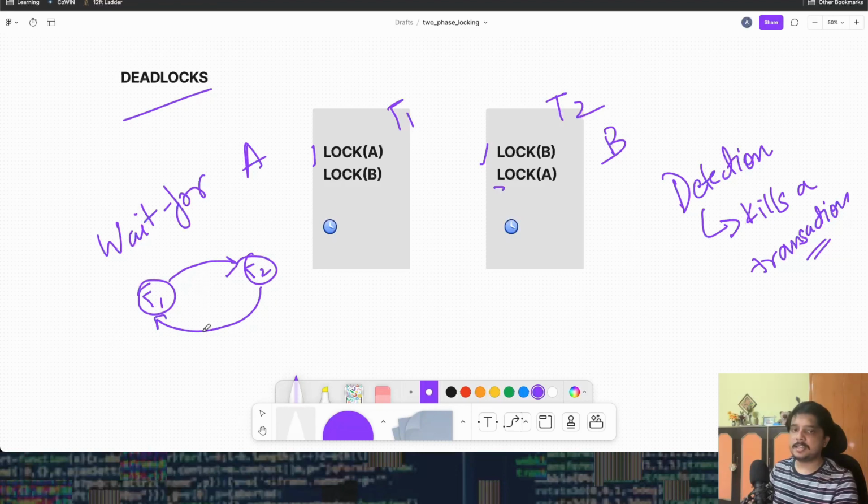So we can create a graph of which transaction is waiting on which transaction, and if there is a cycle in this graph, like a cycle like this, we have a deadlock. When we have a deadlock, the database can decide if it wants to kill a transaction and let the other transactions go through to break this cycle. So this sums up the basics of two-phase locking.